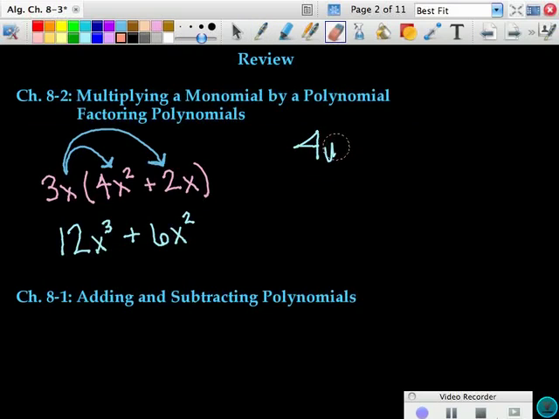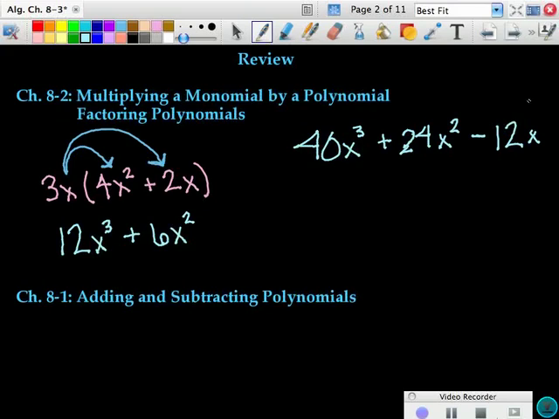Let's go ahead and fix that. 40x to the third plus 24x squared minus 12x. So first you find the GCF.